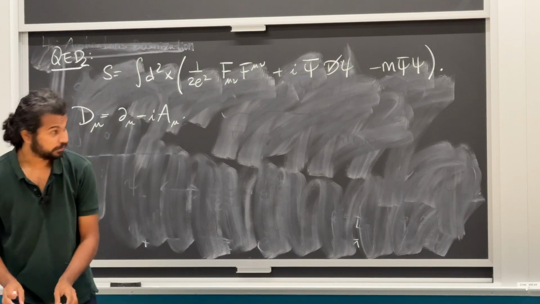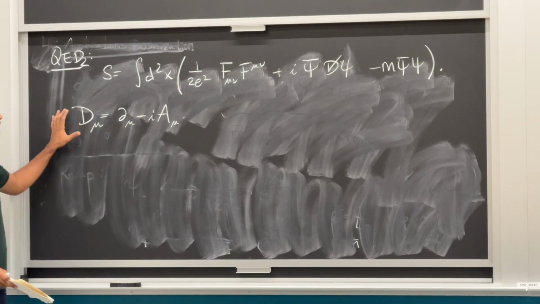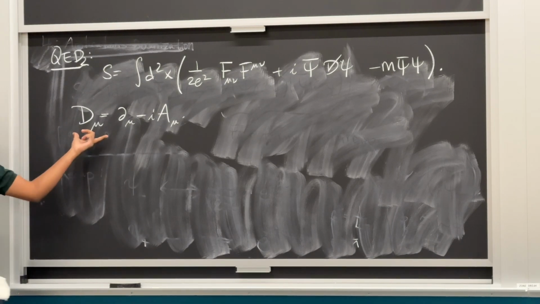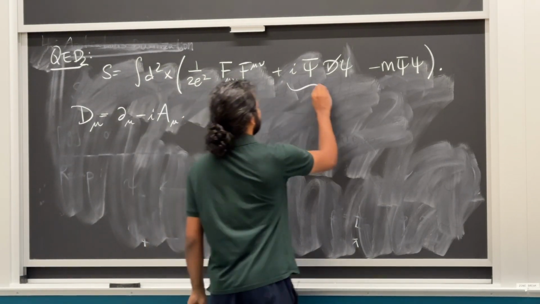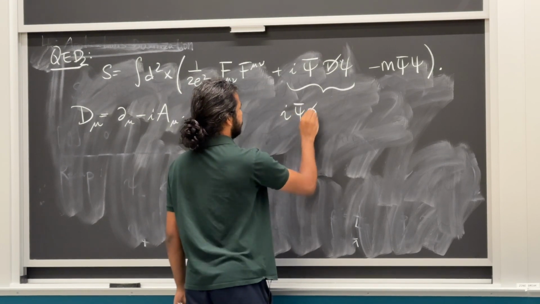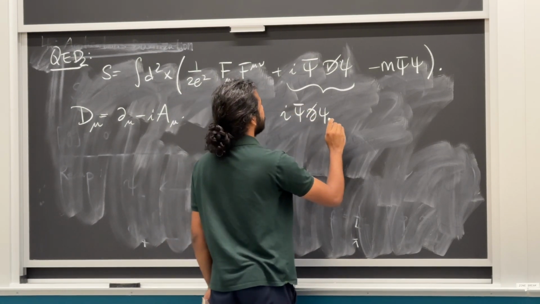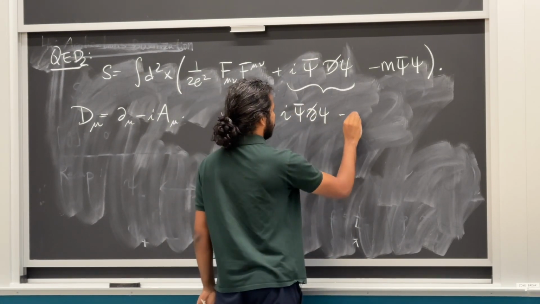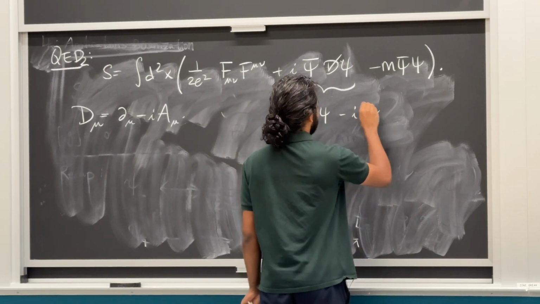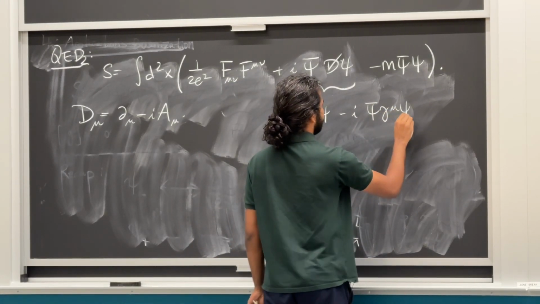Right. Now the interaction between electromagnetism and fermions is buried in here. If you expand this out, we will have i psi bar A slash psi minus e psi bar A slash psi.